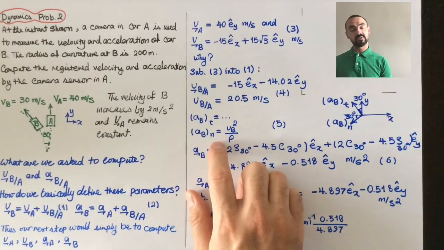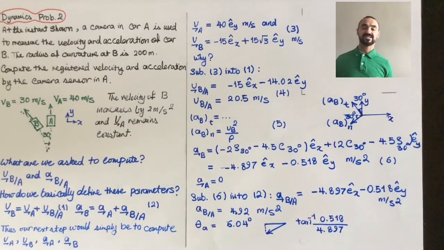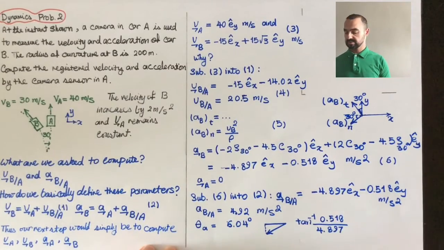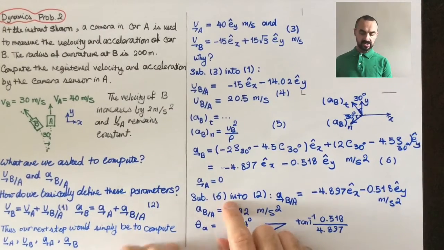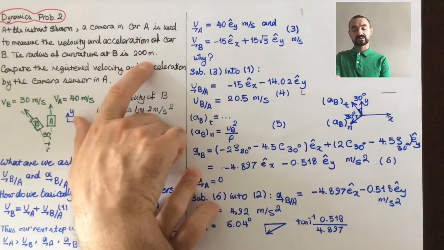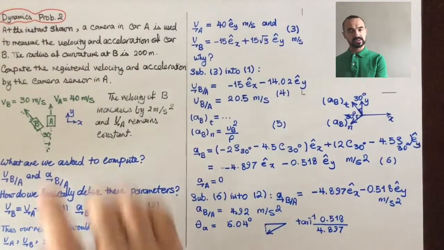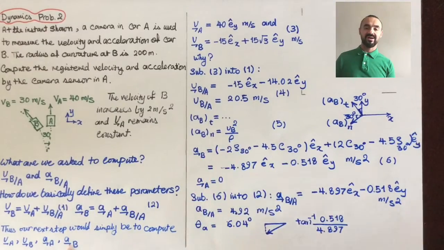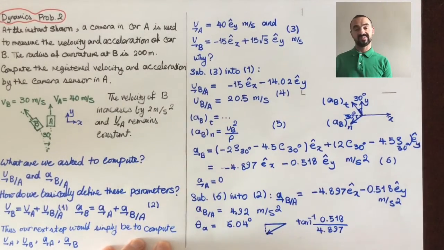Then we have normal acceleration. Normal acceleration is simply the velocity squared over the radius of curvature rho. And the radius of curvature is given here, 200 meters. So we have velocity, we have the radius of curvature. We simply do this math, and then we find both components of acceleration.